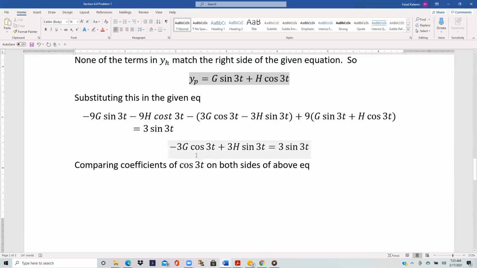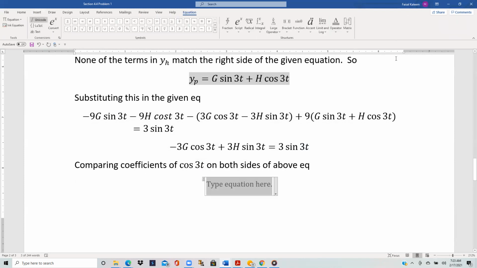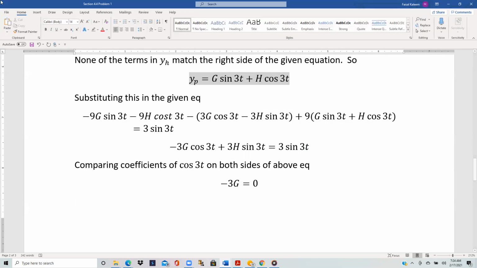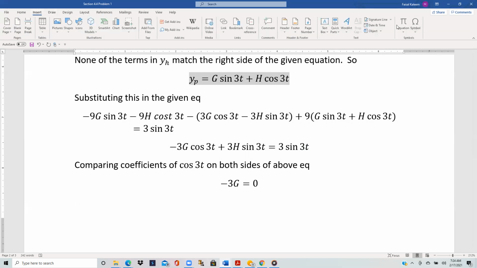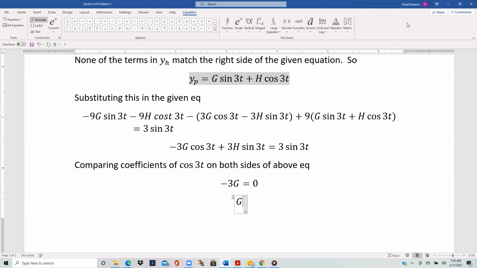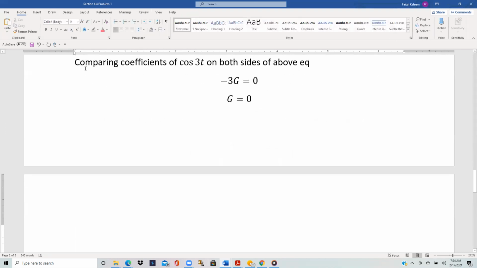So on the left side, for cos 3t, we have negative 3g. And on the right side, we don't have a cos 3t term, so it's 0. So that gives g equal to 0. And now we will compare coefficients of sine 3t on both sides.